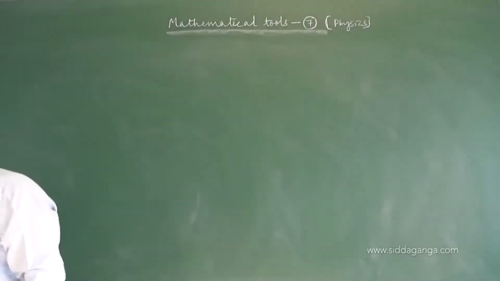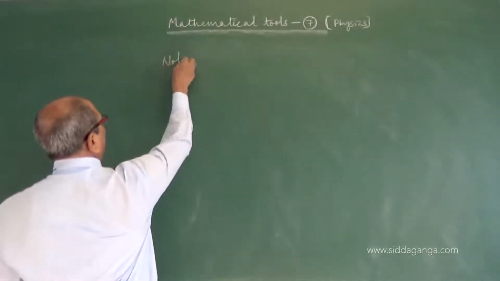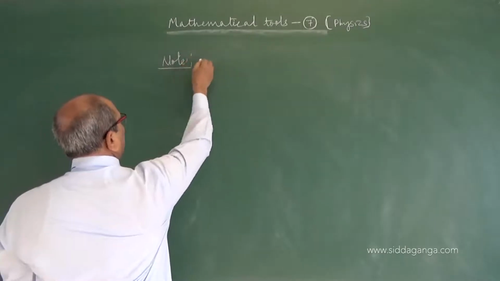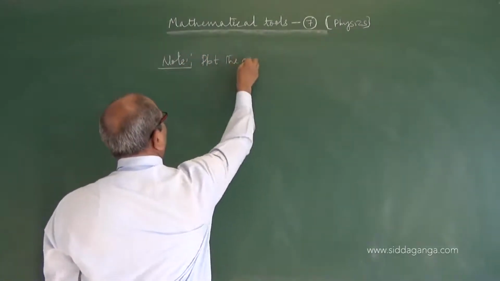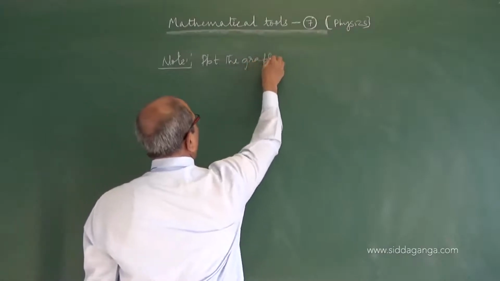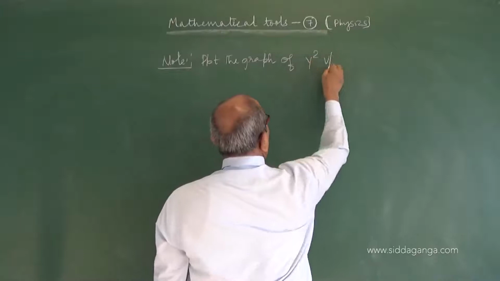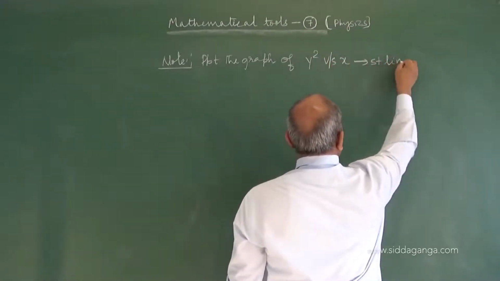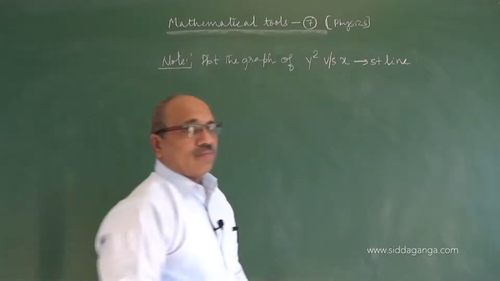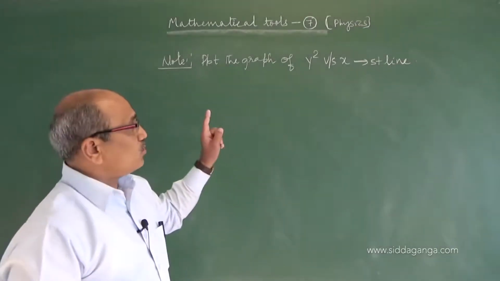So let us take an example here, a note under parabola. If I plot the graph of y square versus x, it becomes a straight line. Y versus x is a straight line in a linear equation, that is true.